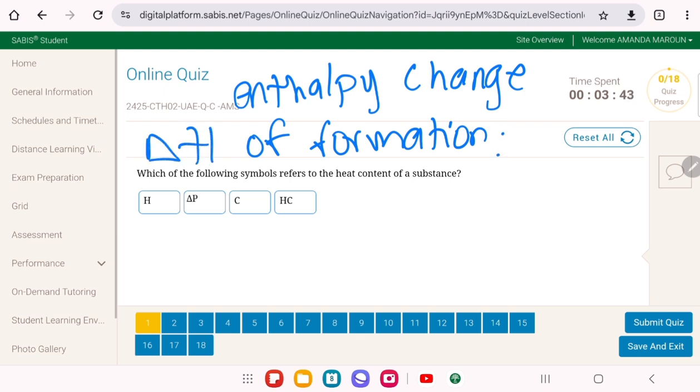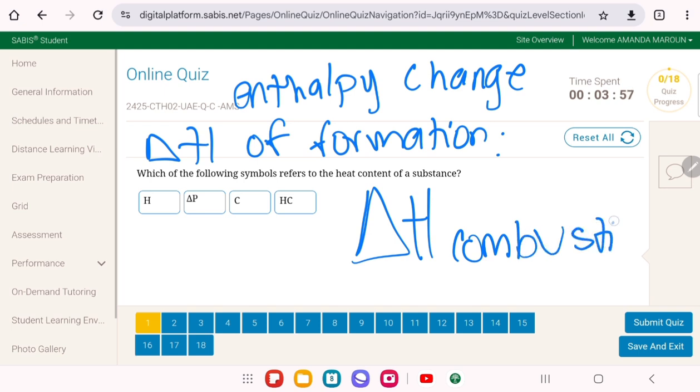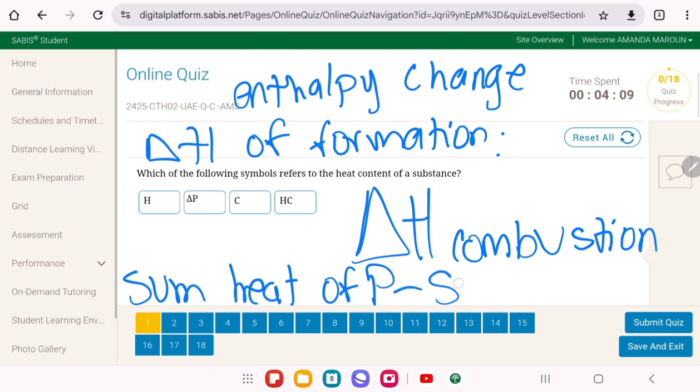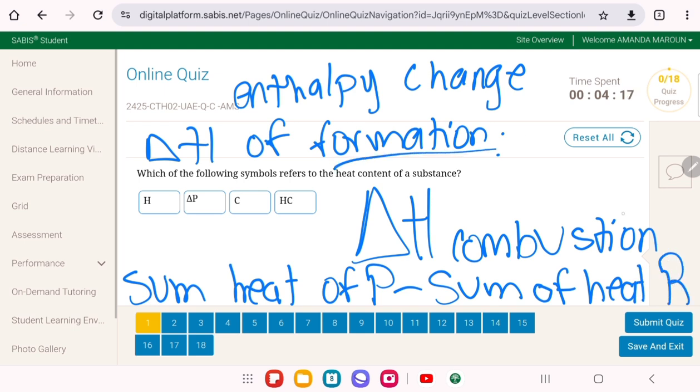Whenever you see formation, combustion, anything that has delta H of something, for example, combustion, anytime this appears in the exam, the equation is the sum of heat of products minus the sum of heat of reactants. Okay, this is for formation, combustion, like the delta H of something.